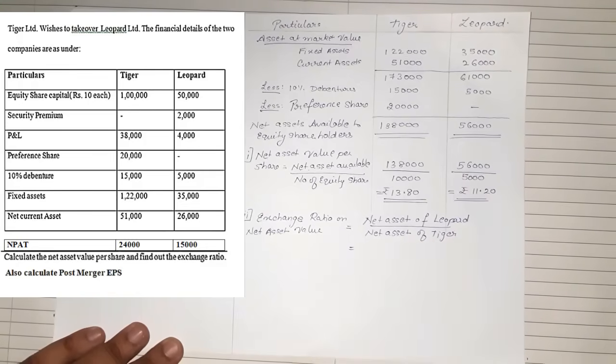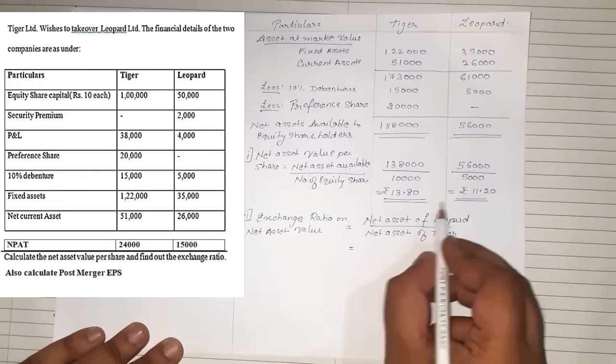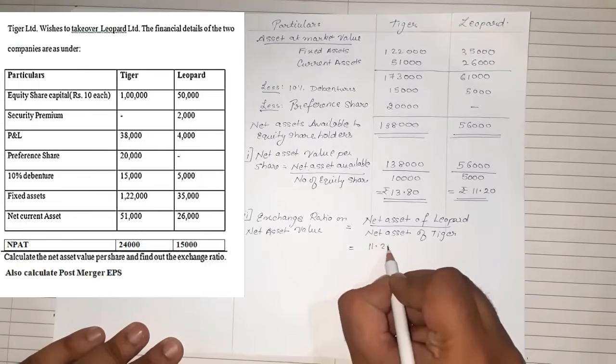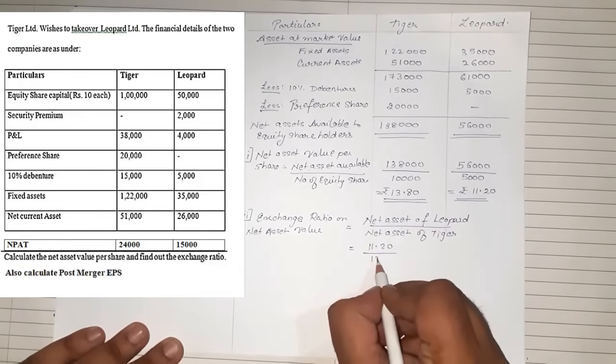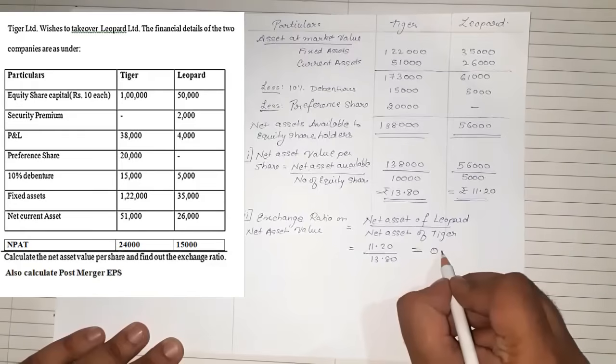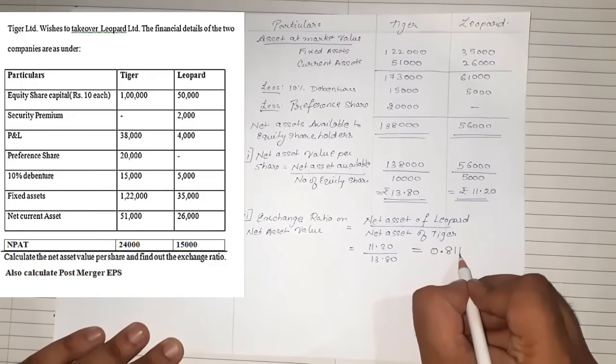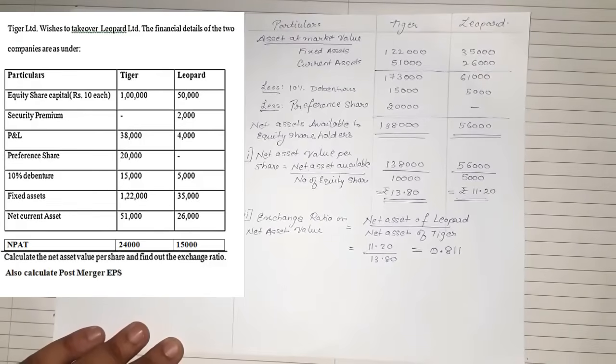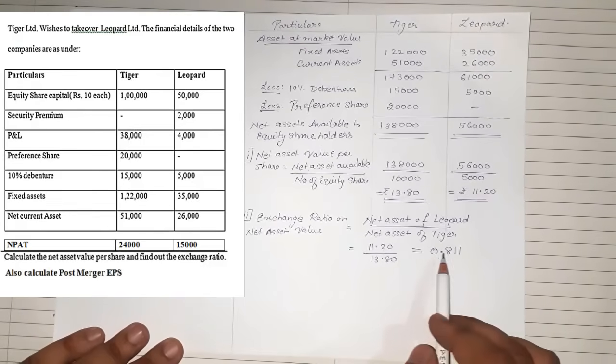So in our case, the value would be net asset of Leopard, 11.20, divided by 13.80. So we get the exchange ratio as 0.811 share approximately. This is the meaning of, for every 1 share of Tiger, Leopard will be getting 0.811 share. Now let us see the final answer.